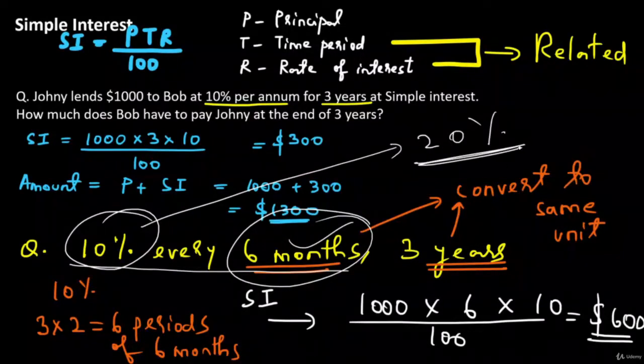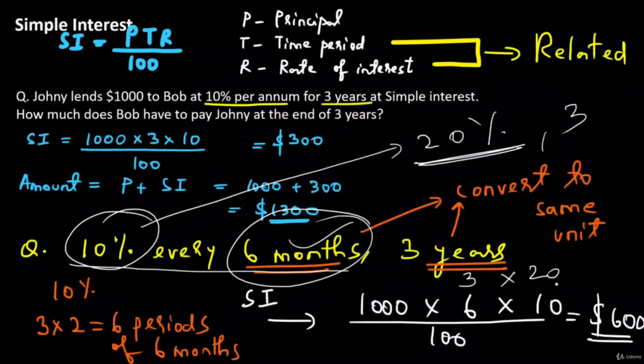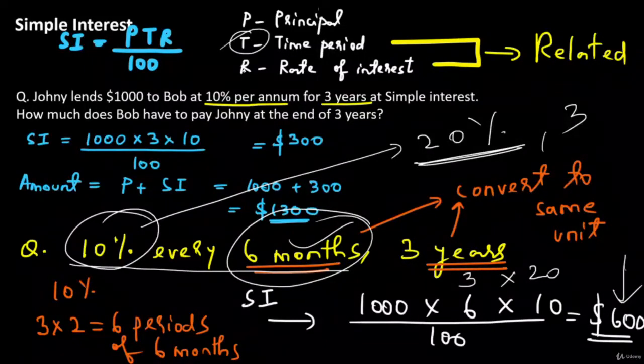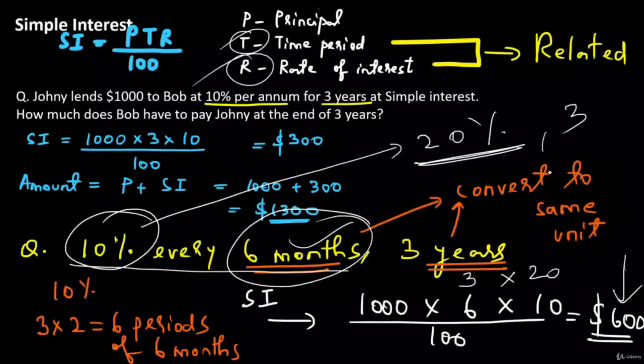Now you could keep 20%, and keep the time as years itself, and take 3 years. Again, if you apply it, you would have 1000, which is the principal, into the time period, which is 3, into the interest, which is 20 by 100. Again, you will get the same value, which is $600. So remember, the point to be kept in mind is you need to have the time period and the rate of interest in the same time period.